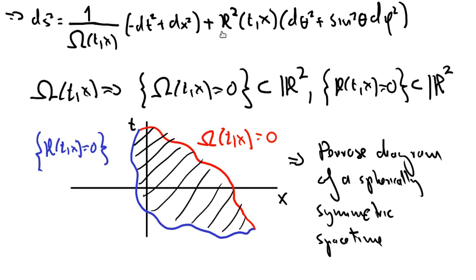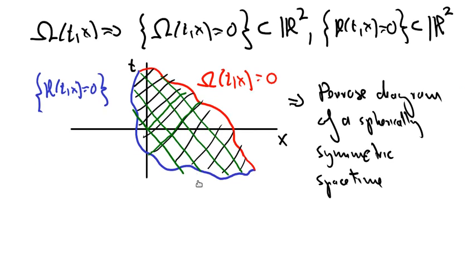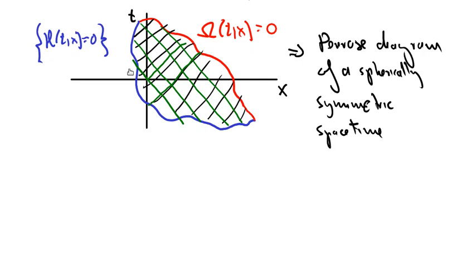So if I just draw a congruence of light rays in this space-time, well, maybe I should just do it in another picture because otherwise it's going to be difficult to understand.